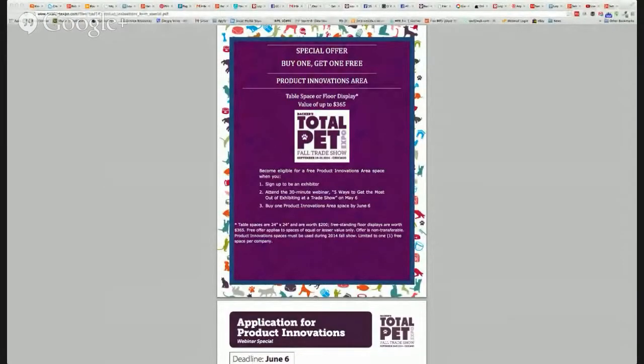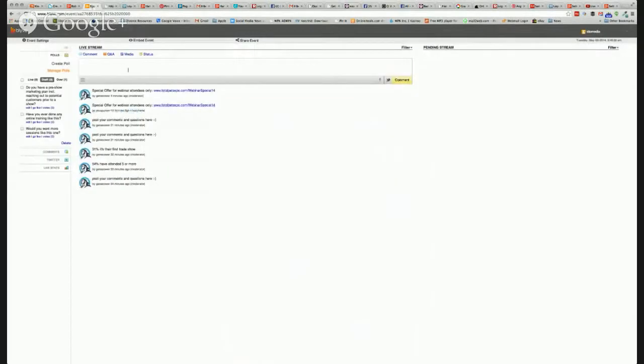Another thing that we have for networking with both exhibitors and attendees is an all-industry party on the second night of the show. We have a Women in the Pet Industry networking reception that we did last year that we're going to be doing again this year on the first night of the show. So check the schedule, take a look at those networking opportunities, and do take advantage of them.